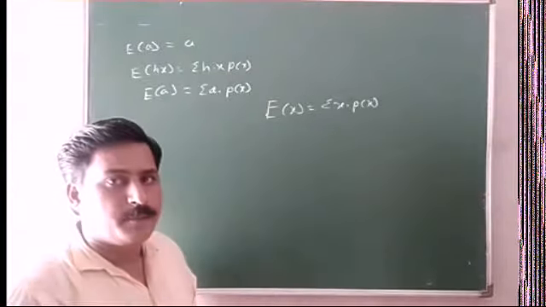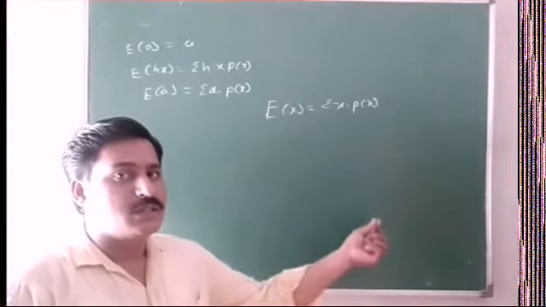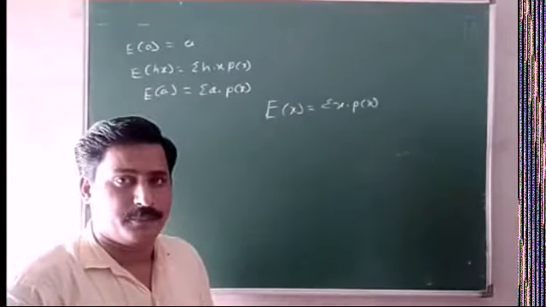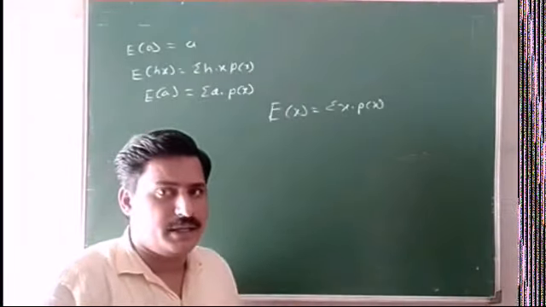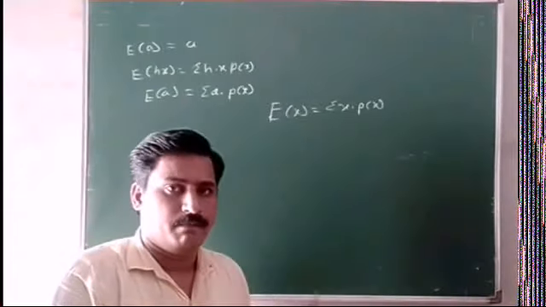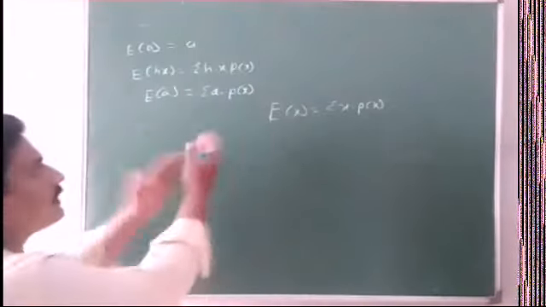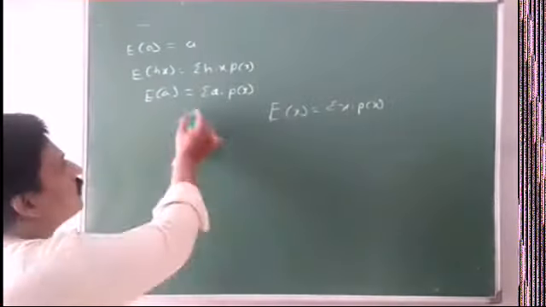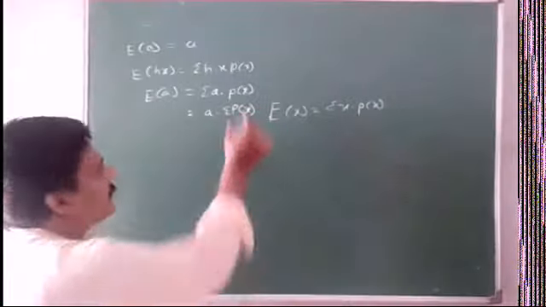Now we already learned that when a constant value is multiplied with any value and then the total is taken, it gives the same result as taking the total and then multiplying by the constant value. So here we separate it. Summation of a, it is a constant value, so that is a into summation P of x.